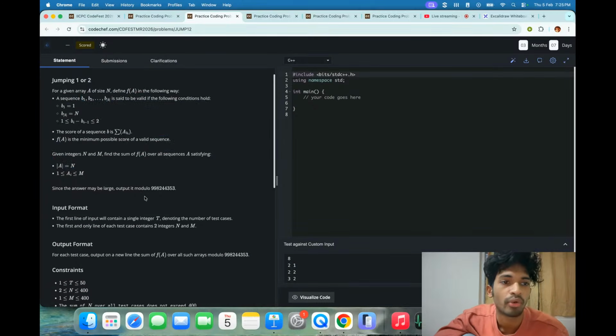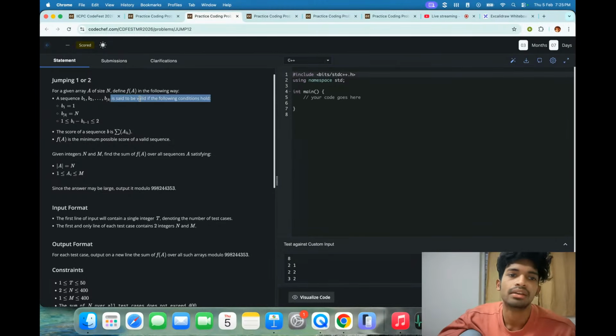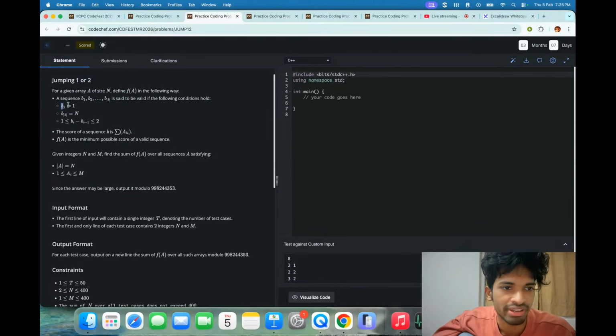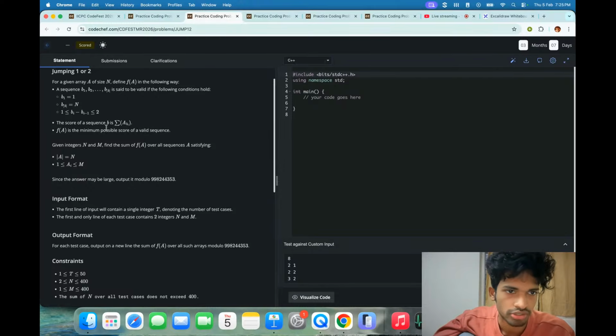So this is jumping one or two. For a given array a of size n, define f of a in the following way. A sequence b1, b2, up to b of length k is said to be valid if the following conditions hold: b1 equals 1, b of k equals n, the last element, and every in between difference is either 1 or 2. So jumping 1 or 2.